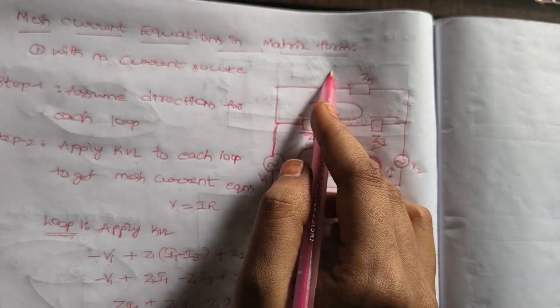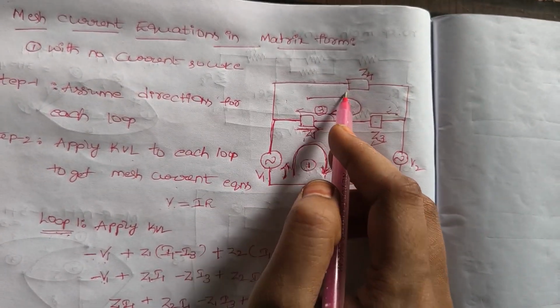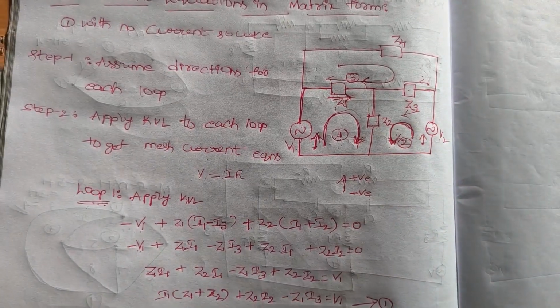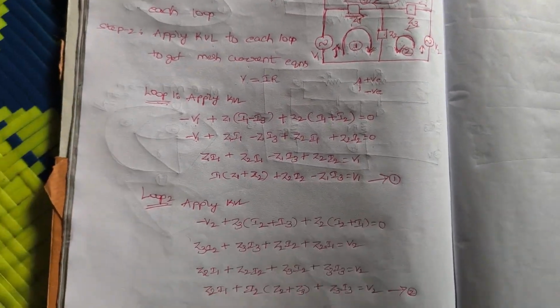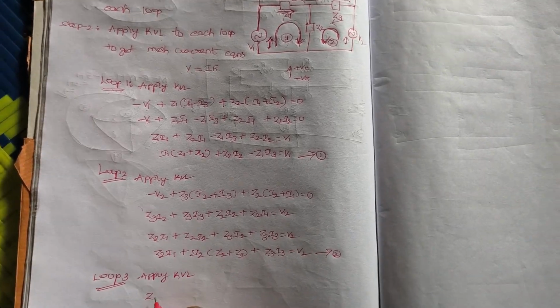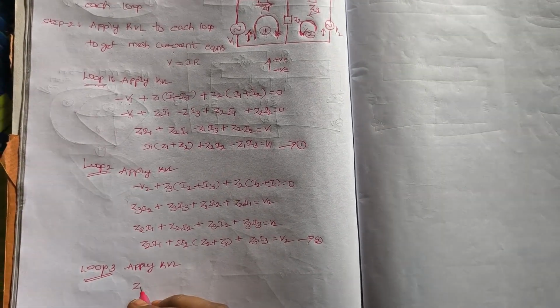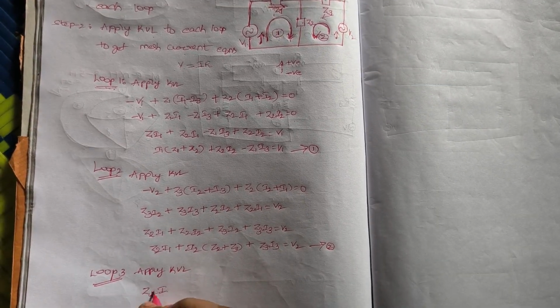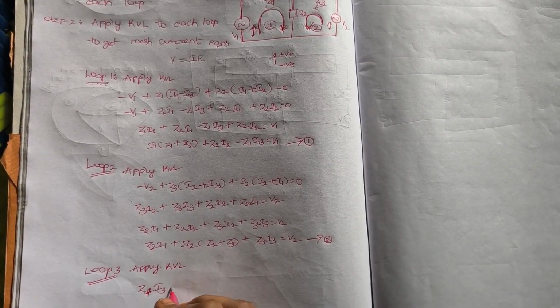On the upper side there is no loop or mesh. So we have to write Z4 into I3, since in this loop 3 the I3 current is passing.